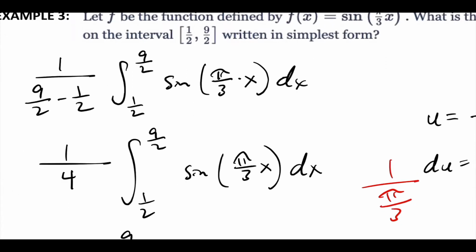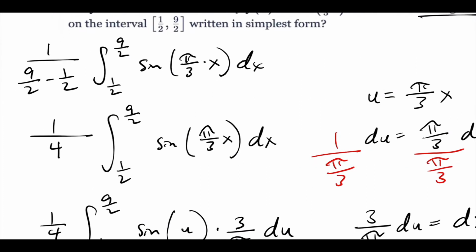And then it said we had to find the average value, right? So we subtracted the bounds over here, top minus bottom, and we got 1/4, because 9/2 minus 1/2 is 4 whole. So 1/4.